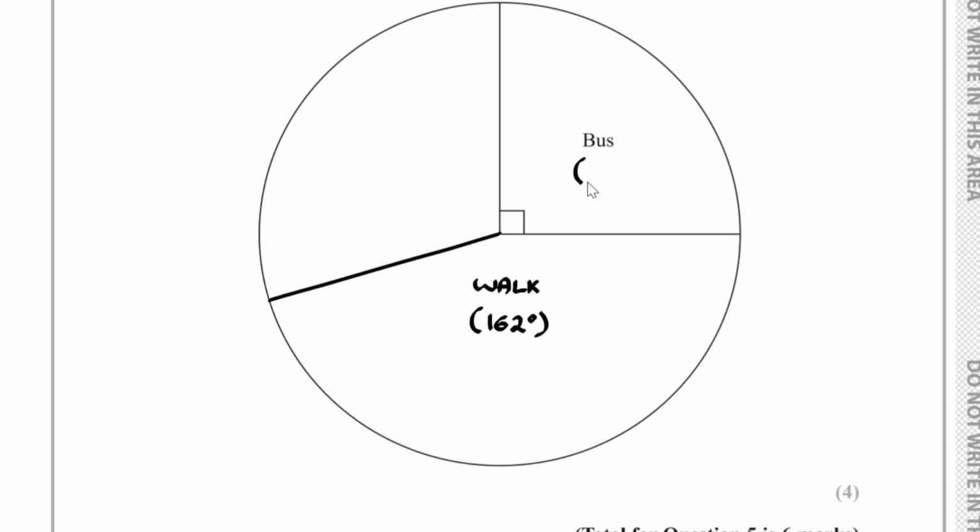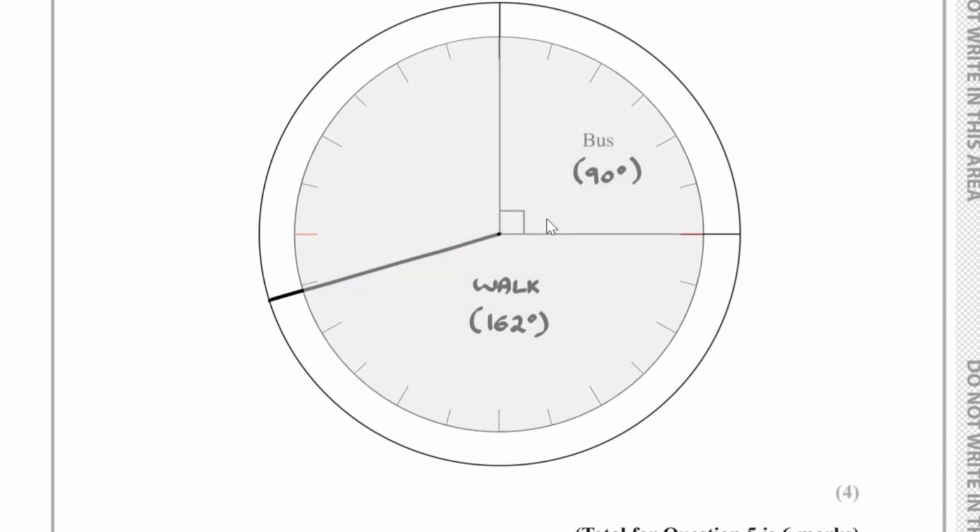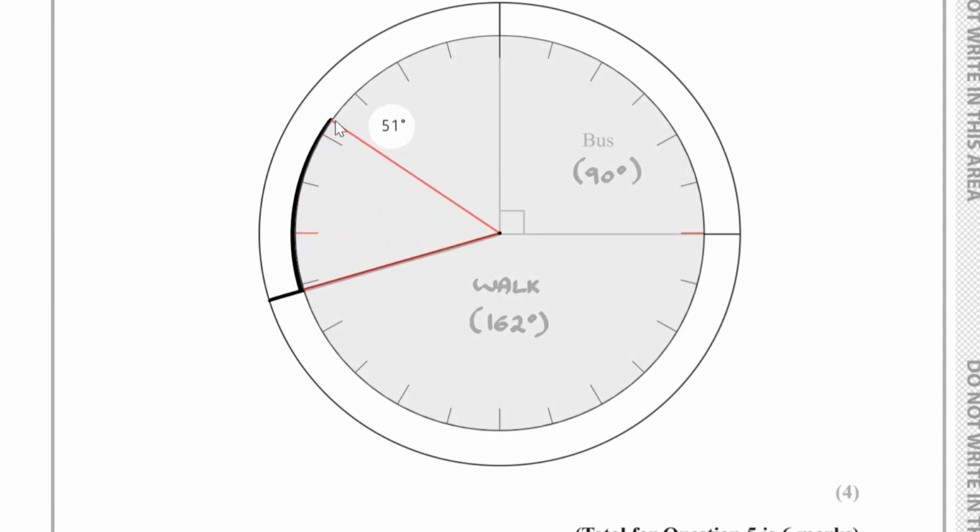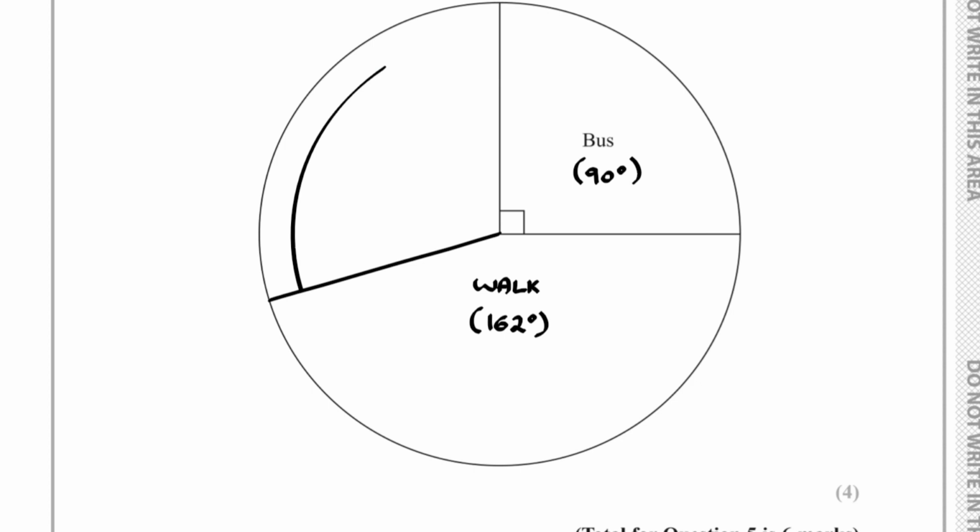For bus, we've got 90 degrees, and then for car we had 72. So if we grab our protractor and measure an angle of 72, as we see here, and then join it up with a straight line.